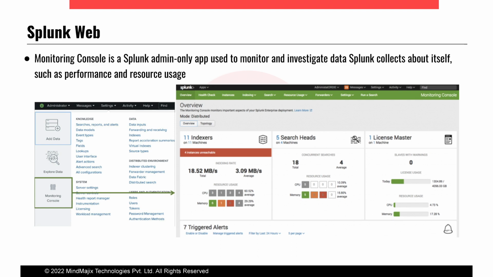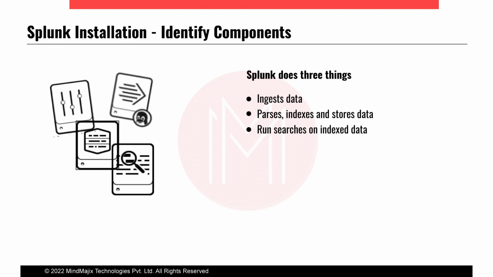Moving on from the Splunk web interface, we are going to move to the different components you need to understand as an administrator. After the Splunk installation, there are a few components, and to understand those components, we need to review and recall the deployments, where there are three areas. As we saw the different layers in a deployment, the first thing Splunk does is ingest the data, and usually it is run through the forwarders.